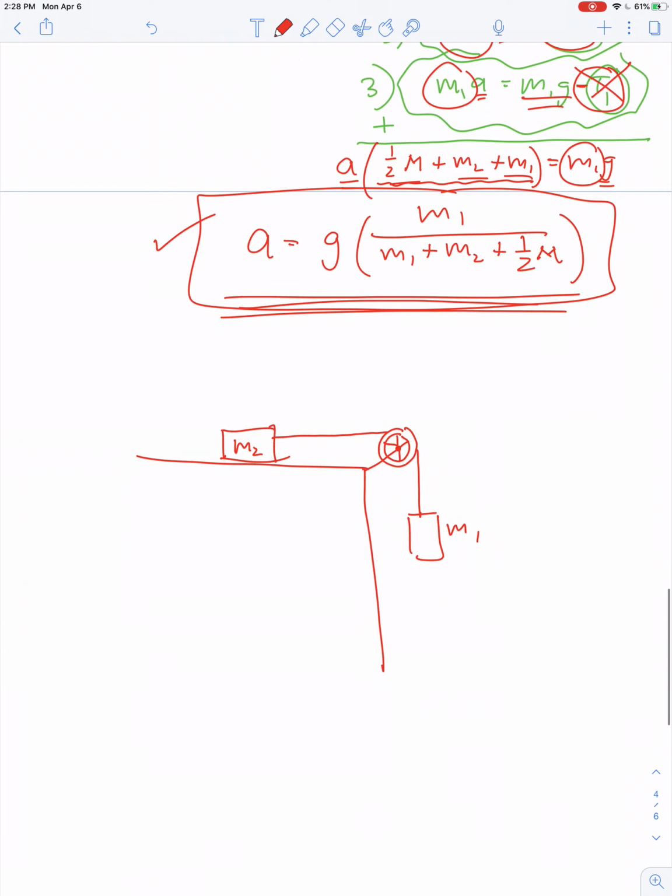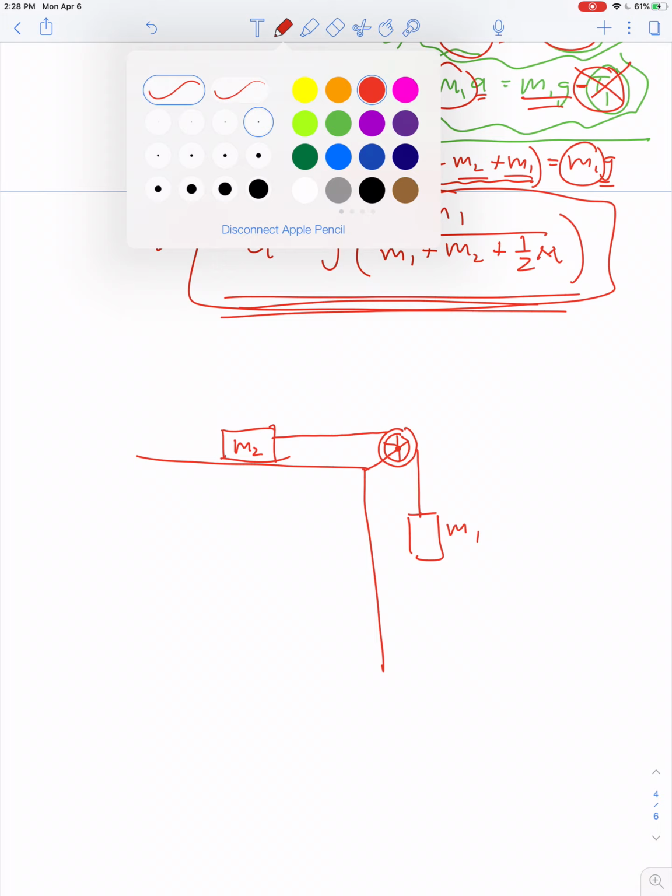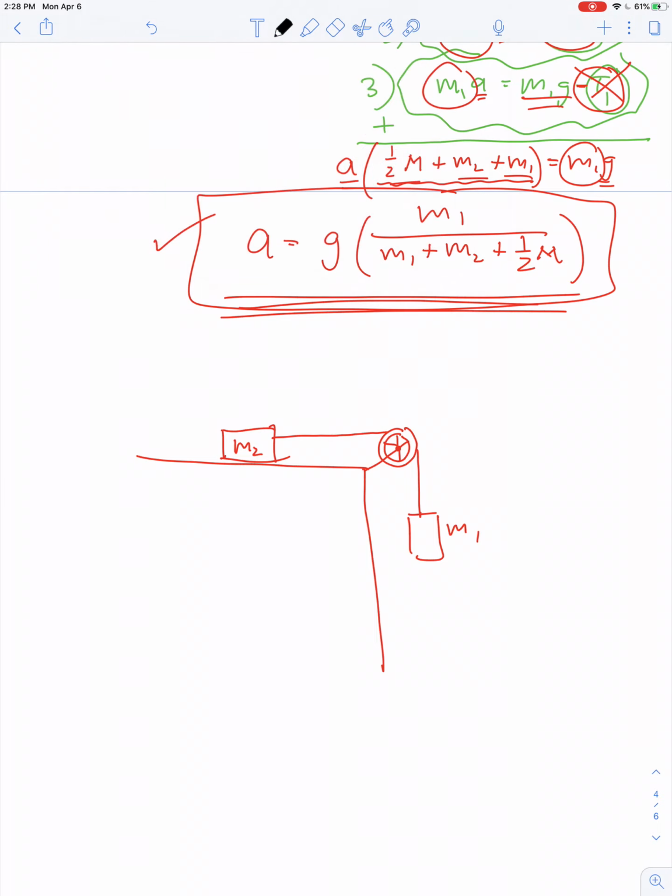See if you can make a few force diagrams. Make a free body diagram for block number 2. Make a free body diagram for block number 1, and then make a rigid body diagram for the hoop. And from all of those diagrams, see if you can use these two equations.